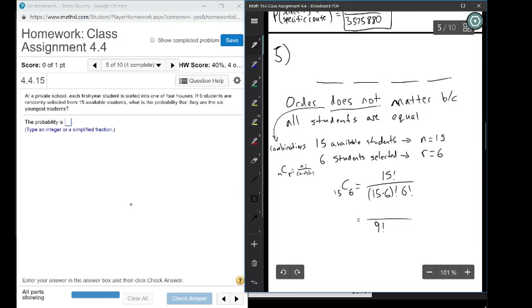And then we can break the 15 factorial down into 15 times 14 times 13 times 12 times 11 times 10 times 9 factorial, and then times 6 factorial. So the 9 factorials cancel.